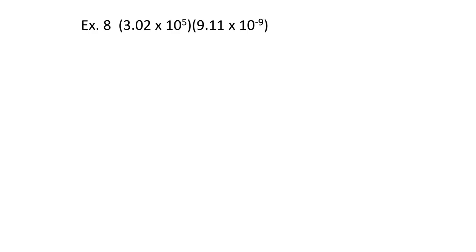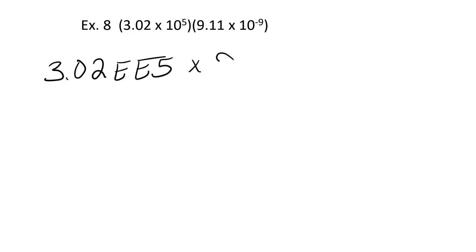Okay, let's try another one. So this one's going to be 3.02 E5 times 9.11 E negative 9. So now we're going to hit 3.02 E5 times 9.11 E negative 9. And I get 0.00 27.